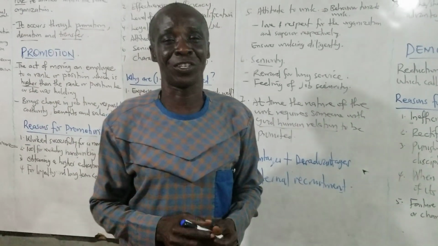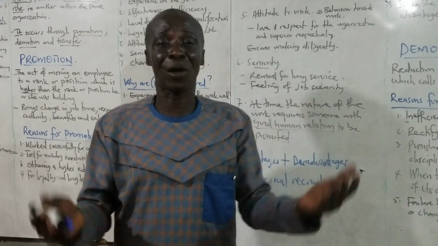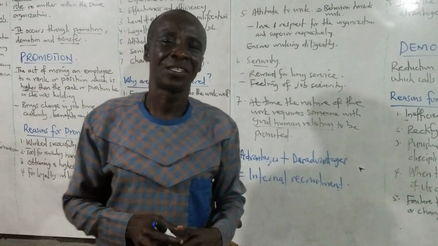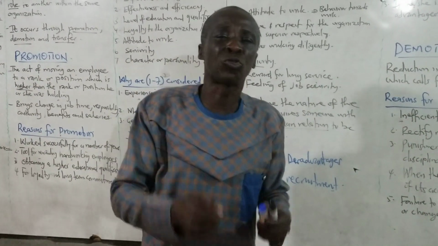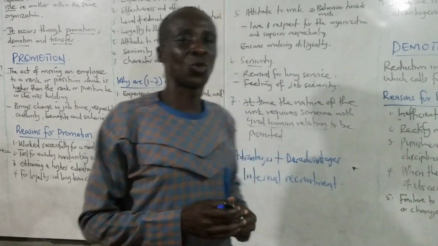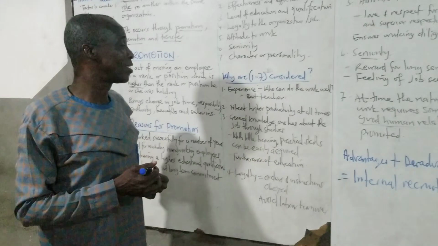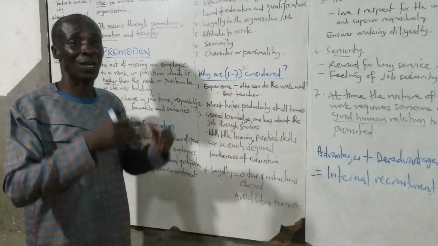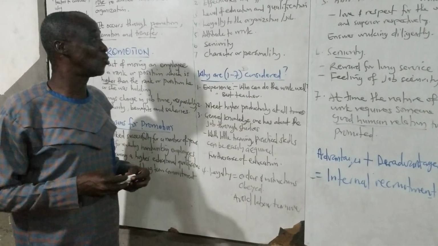You know that expression. So if you have worked for a certain number of years, all things being equal, certainly you must have acquired certain skills that will enable you to do the job well. So they will consider the one who has worked in the organization for a longer period. So experience, they want the person who can do the job.